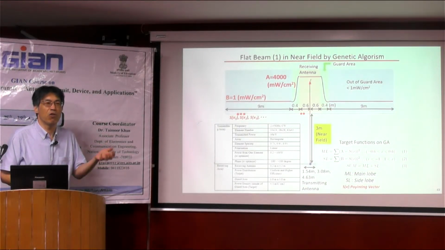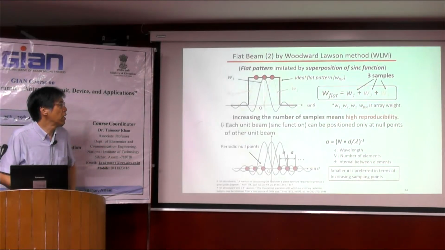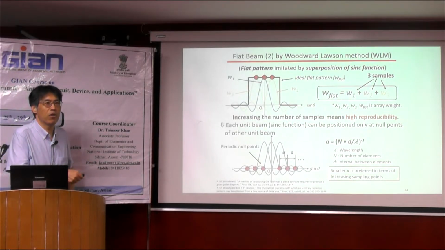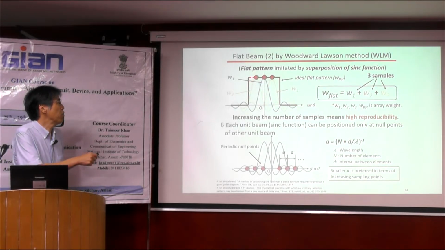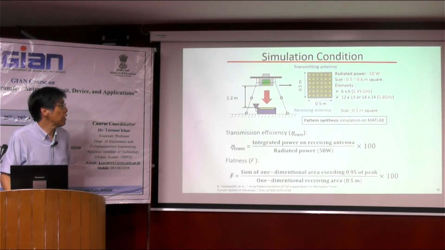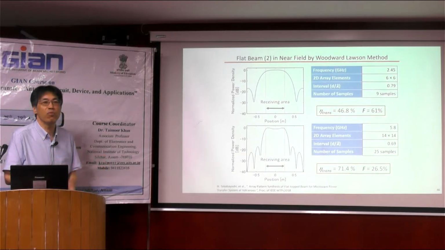Of course, we need an optimization method such as the genetic algorithm or other artificial intelligence, etc. In this case, we use the Woodward-Lawson method. It is a very famous method. And we combine the different beamforms into one, and as a result, we can create the uniform flat beam at the radiative near field. And this is one example, and we get this uniform beam at the radiative near field.